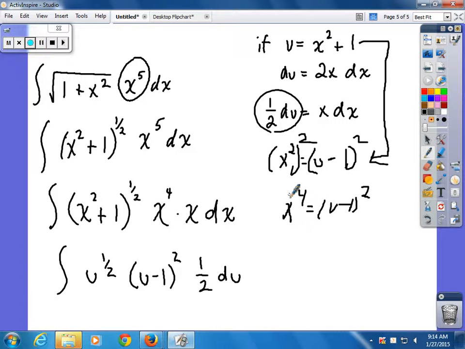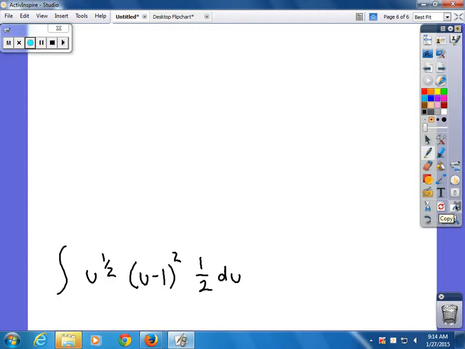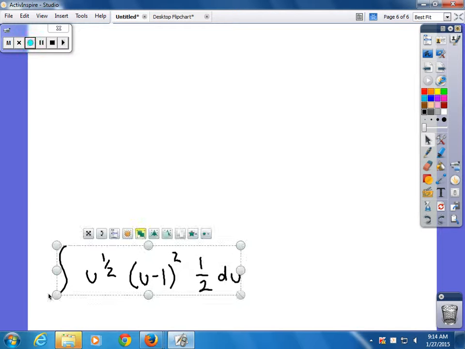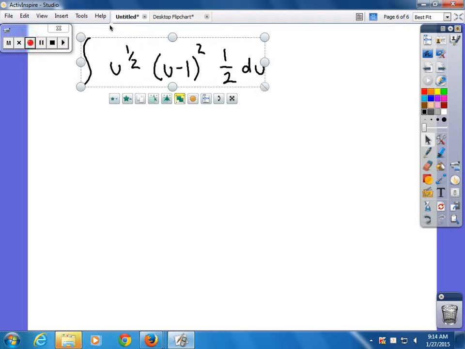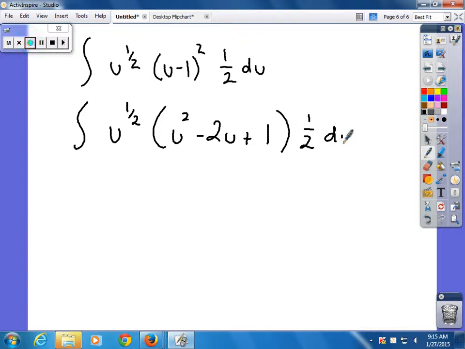So, let's take that over to another page. And that's going to give us the antiderivative of u to the 1/2 power times (u squared minus 2u plus 1) times 1/2 du. And then that u to the 1/2, take that through.